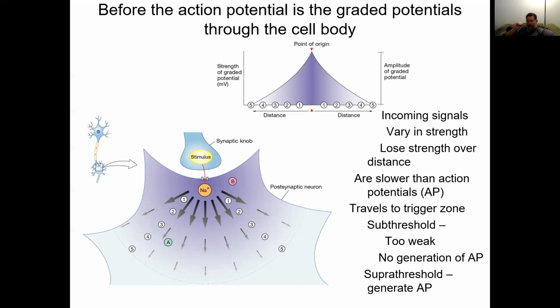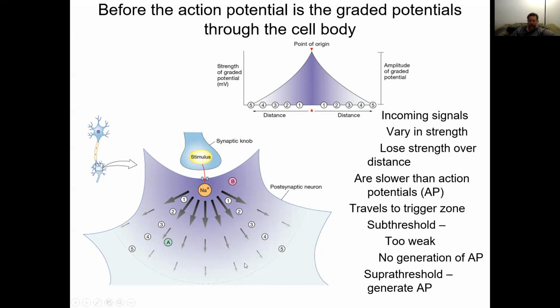In that immediate region, there'll be a spike in sodium, an increase in sodium. Then the sodium will diffuse across the cell body from the point where it first came in. With diffusion, you're moving from an area of high concentration to an area of low concentration.